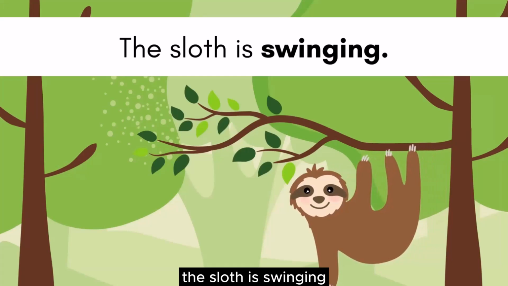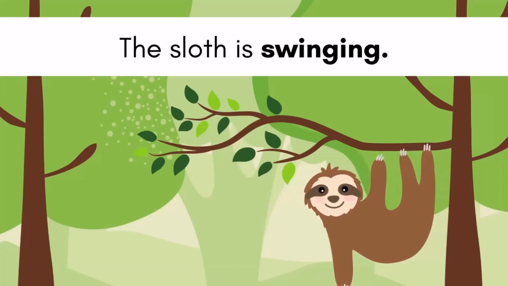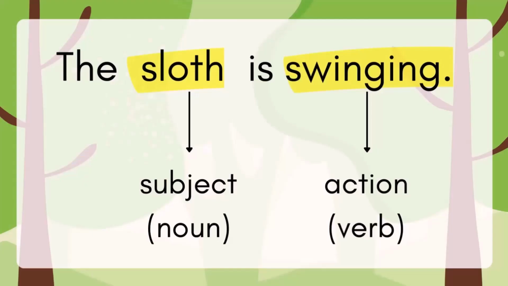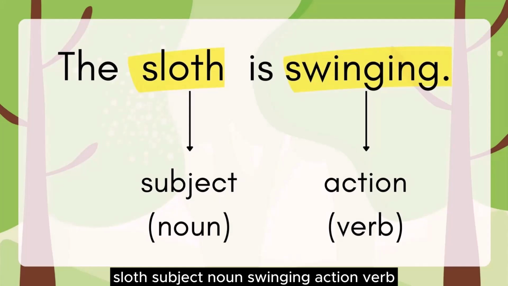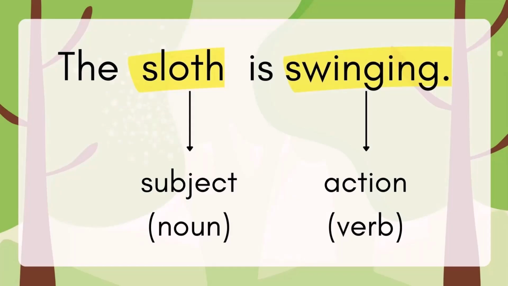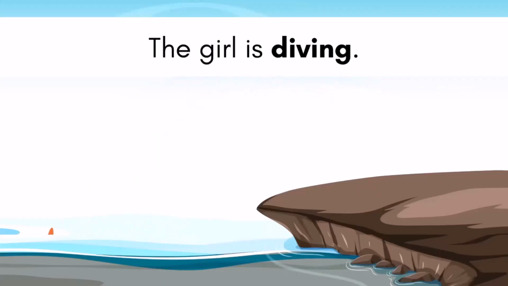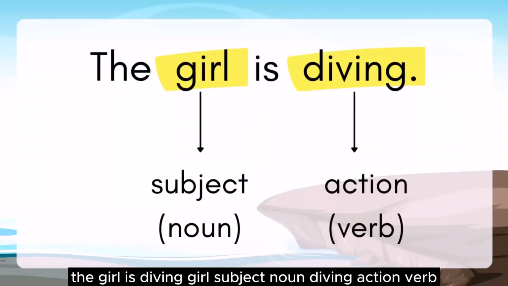The sloth is swinging. Sloth. Subject. Noun. Swinging. Action. Verb. The girl is diving. Girl.